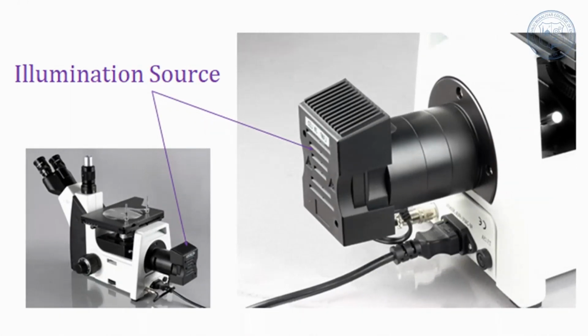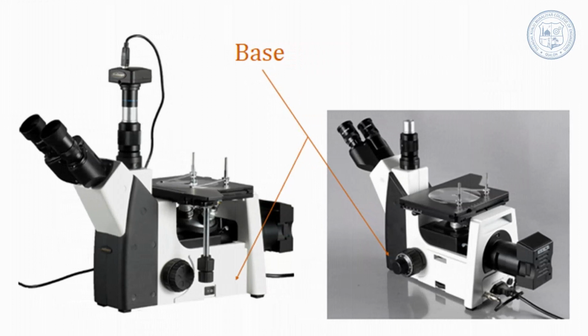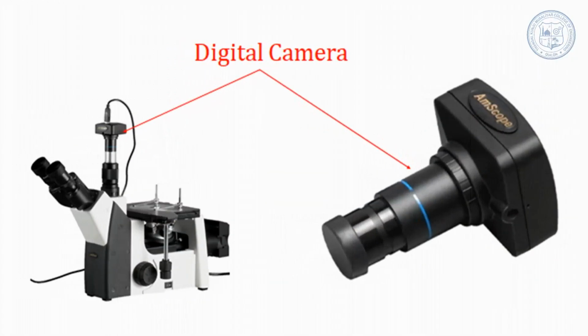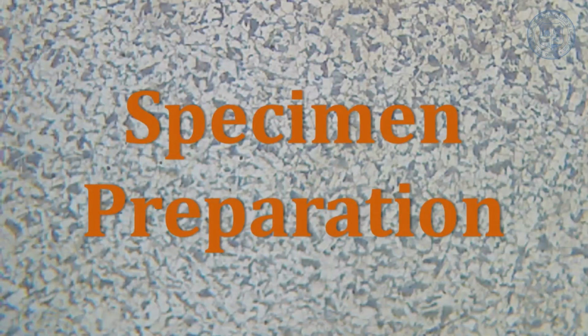The means employed to light the object to be viewed is the illumination source, and many microscopes have an electrical light source for easier and more consistent lighting. The bottom or the stand upon which the entire microscope rests or is connected is called the base. There is a digital camera which captures still images and video and allows you to view a live stream on the attached computer. Now we can go through how to prepare a specimen.